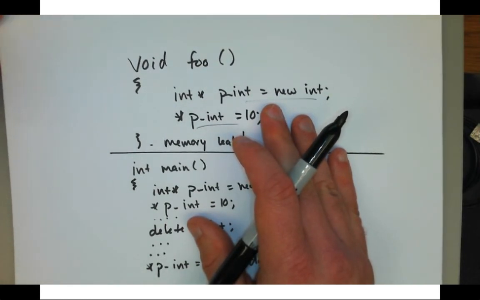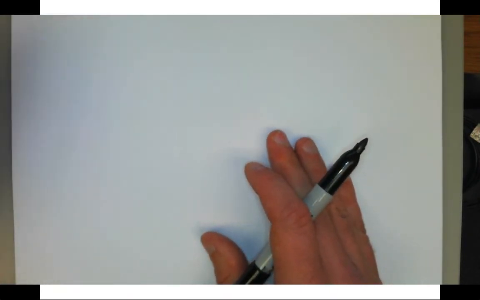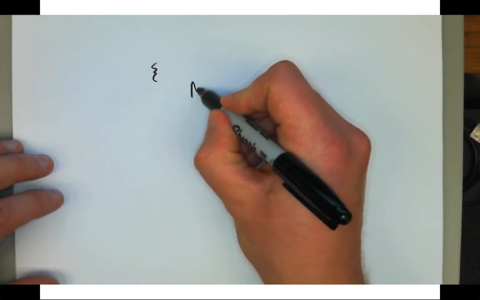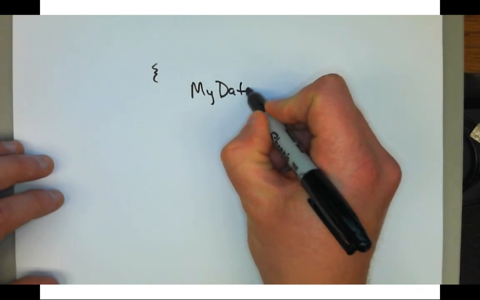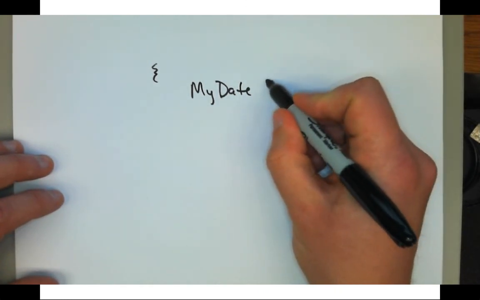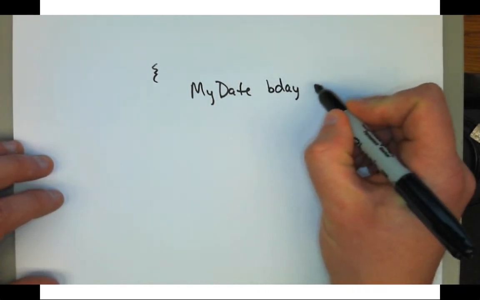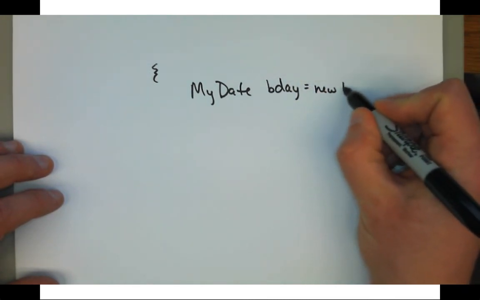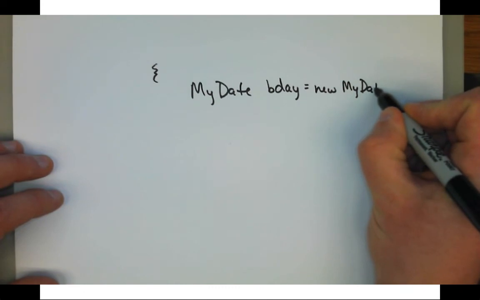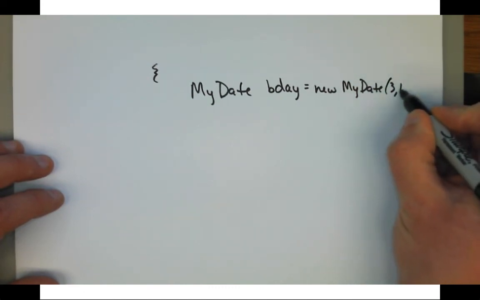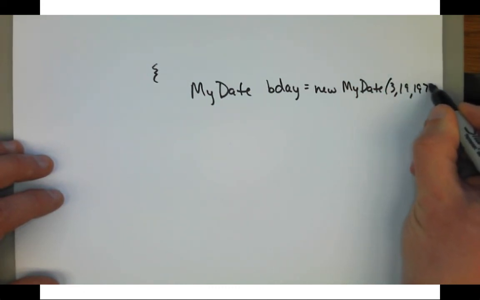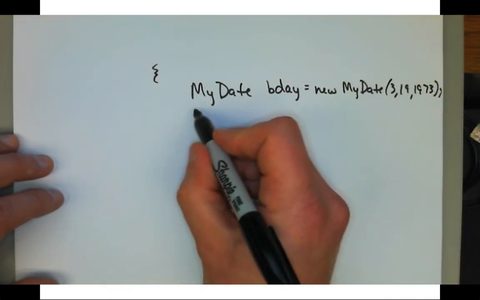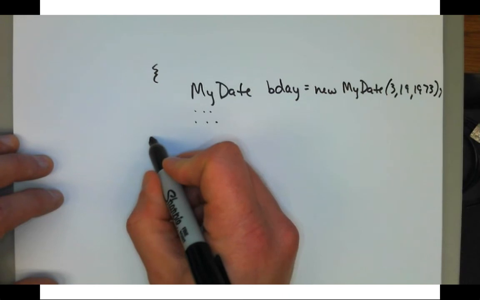So let me show you a little bit of Java code. Okay, we might be in some block here, and we might have a reference to a myDate object called bday. Okay, and we might do stuff with this.